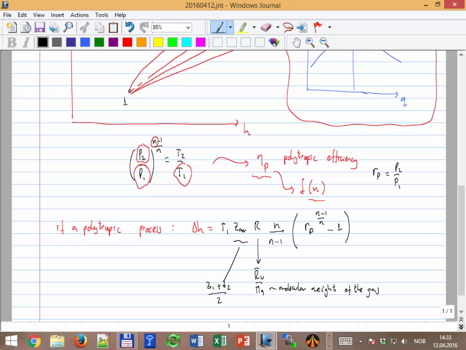If you see what I'm presenting here, try to relate this equation with this equation. It is T2 minus T1, right, divided by T1. Does that make sense?